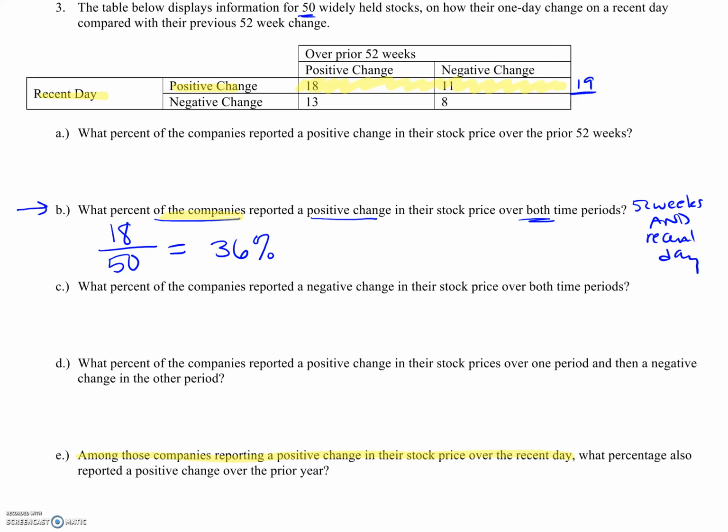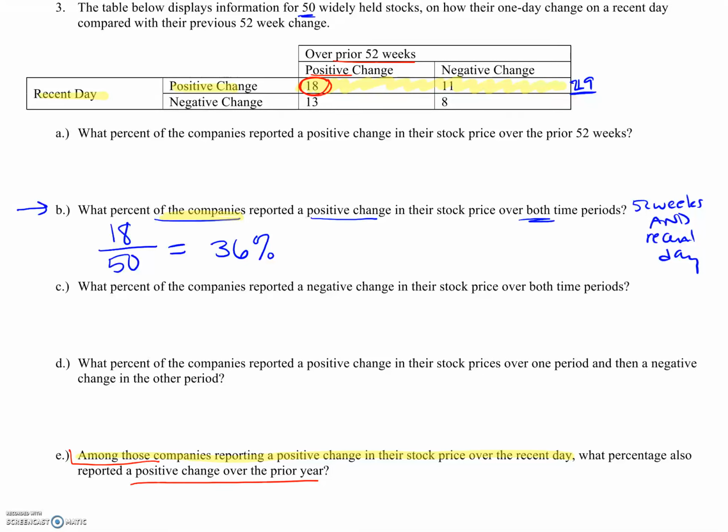And then it goes on to tell us what exactly we're interested in. What percentage also reported a positive change over the prior year? So positive change prior year, that's this section, right? And we don't care about these 13 because they're not in the group that we know we're caring about, not in this among companies reporting a positive change over the recent day. So this is the part of our whole, which I now don't know why I wrote 19 when it's clearly 29.